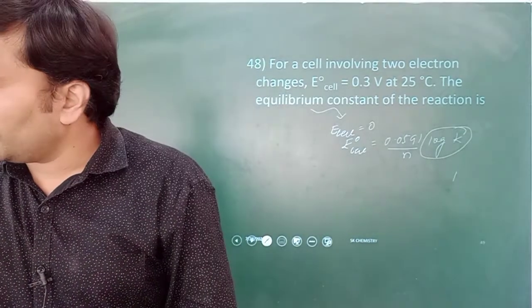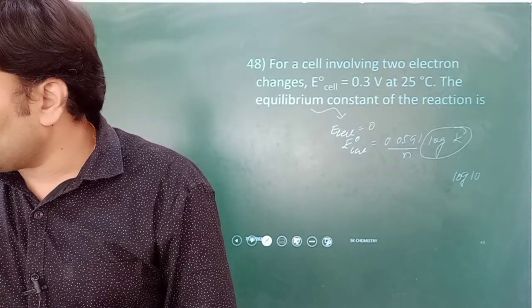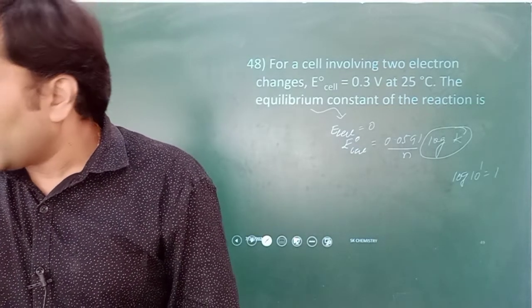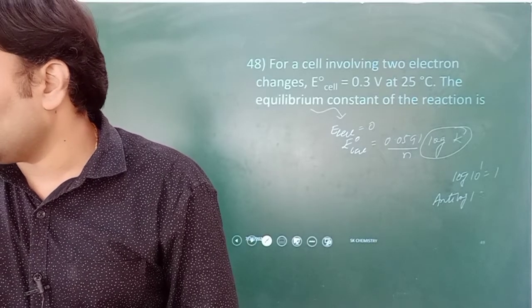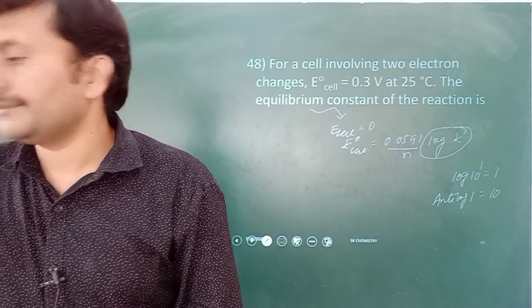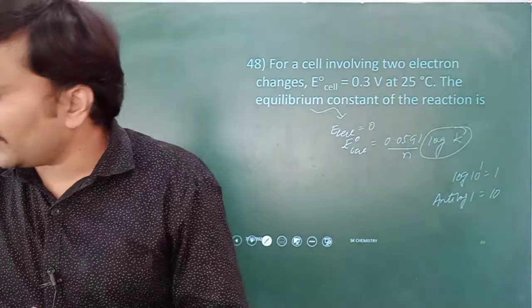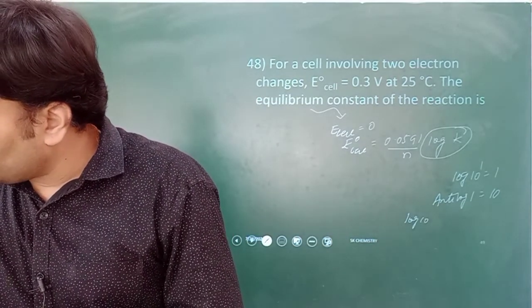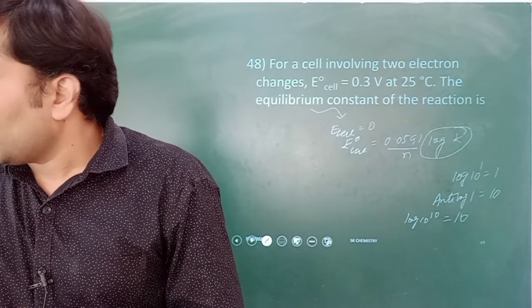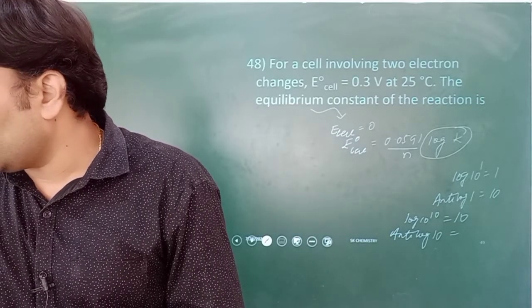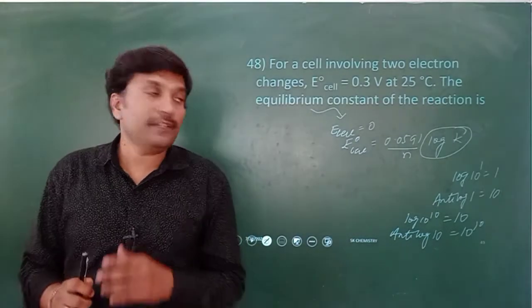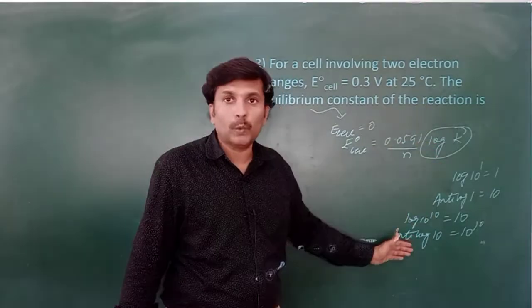Then logic: log of 10 to the power of 1 is 1, antilog of 1 is 10. Next, log of 10 to the power of 10 is 10, antilog of 10 is 10 to the power of 10. That speed should be there with you. Practice this.